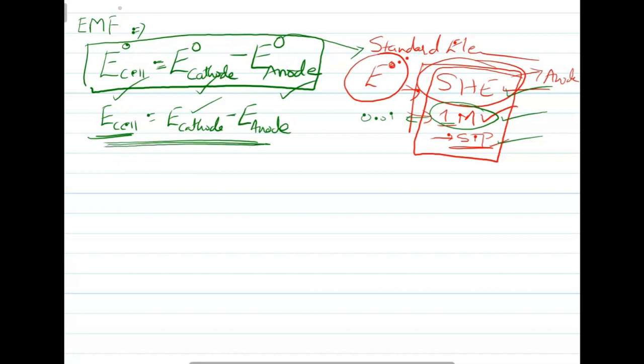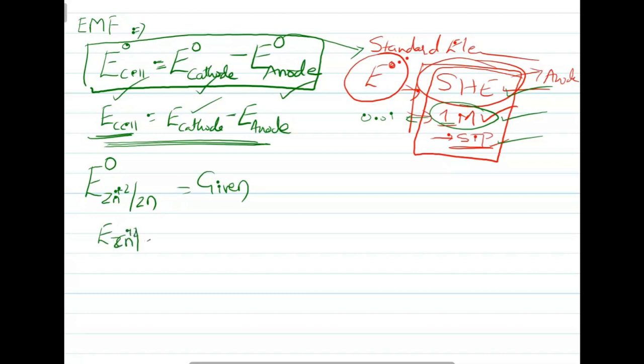Next, if E0 of an electrode is given, or of a cell, whatever it is, let us say Zn2+ to Zn, E0 is given, how to calculate its E?